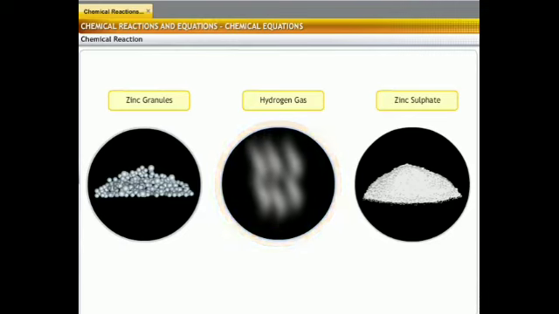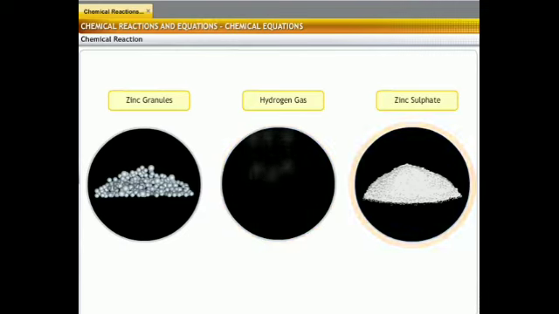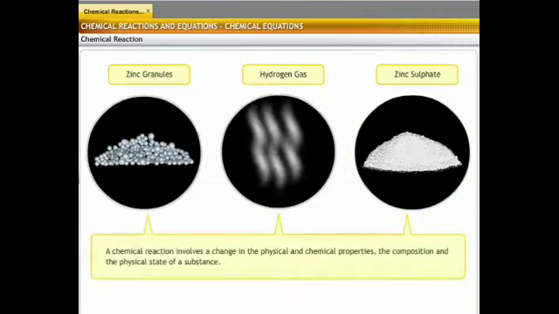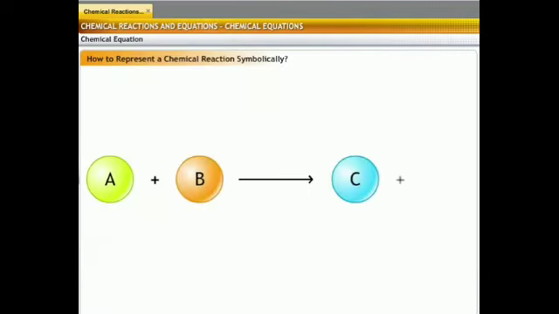It means there is the formation of a new substance. So what is a chemical reaction? A chemical reaction involves change in physical and chemical properties, the composition, and physical state of a substance. Indirectly, a chemical reaction involves a chemical change in which new chemical substances are formed.